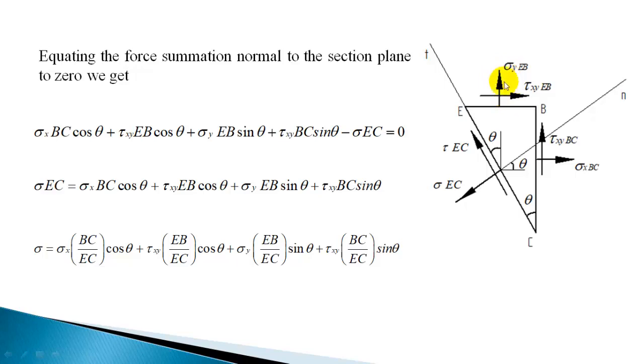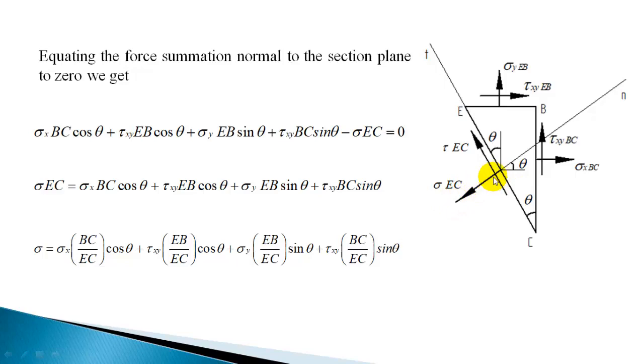Sigma y EB is acting vertically, that component is sigma y EB sin theta. And this vertical force, tau xy BC, its component is also tau xy BC sin theta. All these forces which I resolved have components acting upward along the plane, so I have taken all of them positive, whereas this is acting downward.